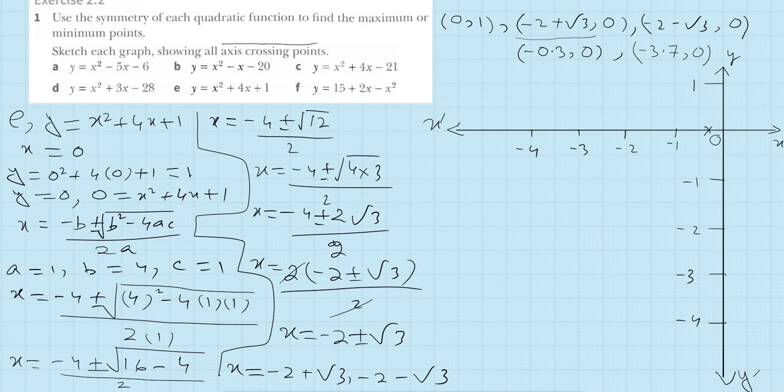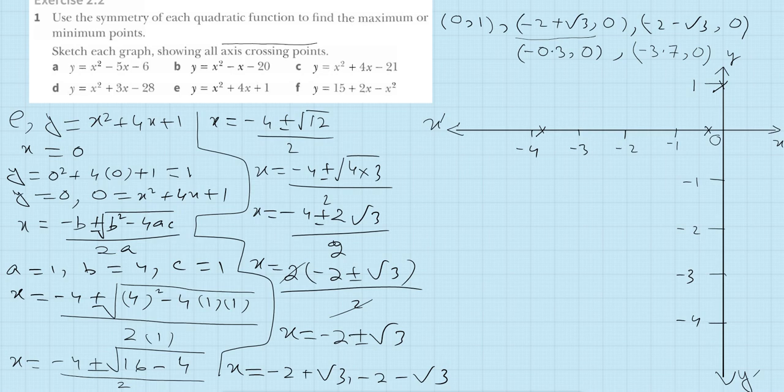So this is the first point, and this is 0, 1, and minus 3.7, so minus 3.5, minus 3.7 is just like this. So these are 3 points.